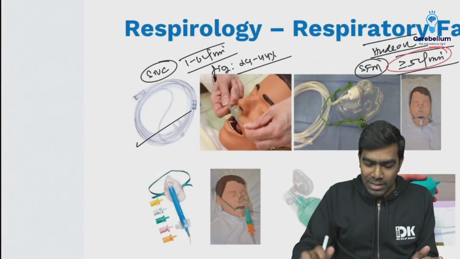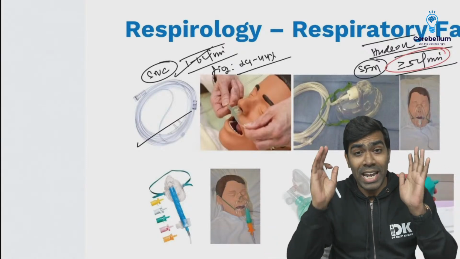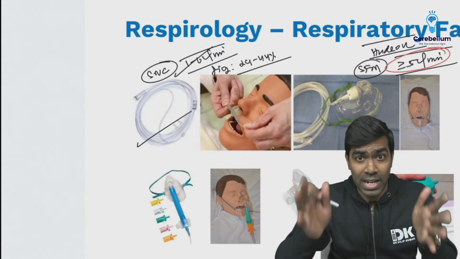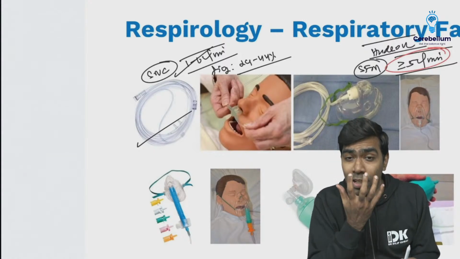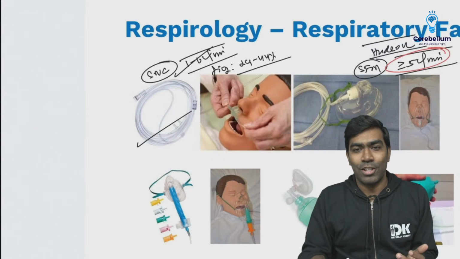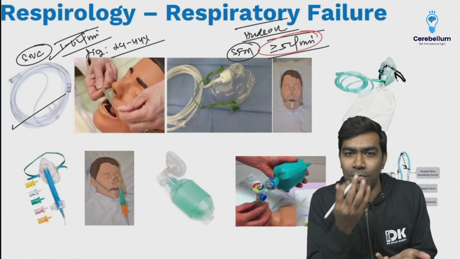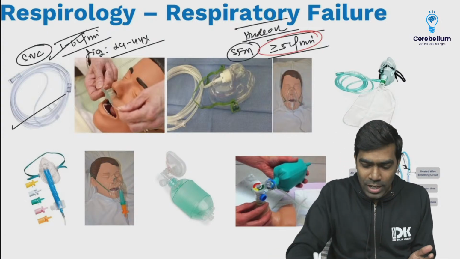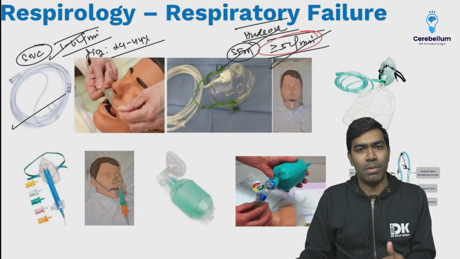So remember, simple nasal cannula, you can give even 1 liter per minute, no problem, but never give an oxygen flow rate of less than 5 liters per minute in a simple face mask. That's very important. You close the nose and close the mouth and give it a rate of only 2 liters per minute. How will the patient breathe? You should not do that. In a simple nasal cannula, at least the patient can breathe through the mouth. But if you close the nose and mouth with a simple face mask, how will the patient be able to breathe? Not possible. That's why in a simple face mask, the minimum recommendation is you have to start at 5 liters per minute, not less than that.